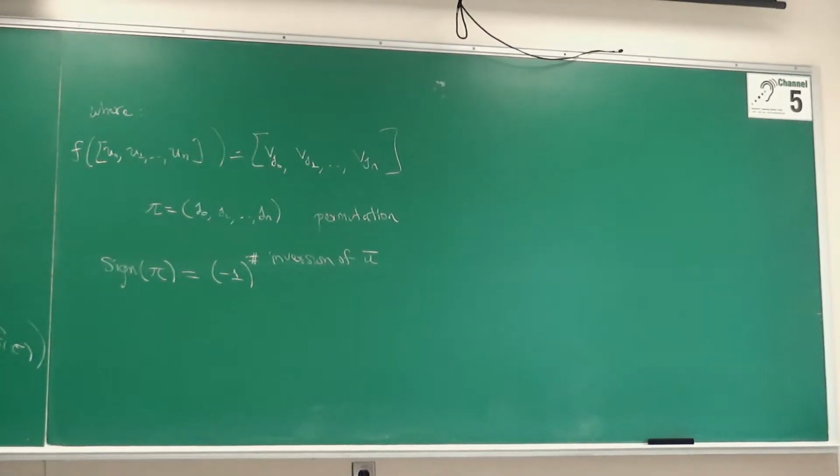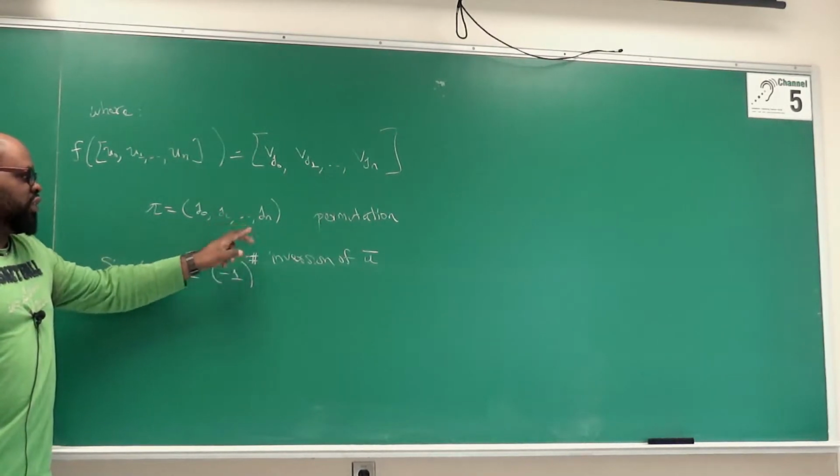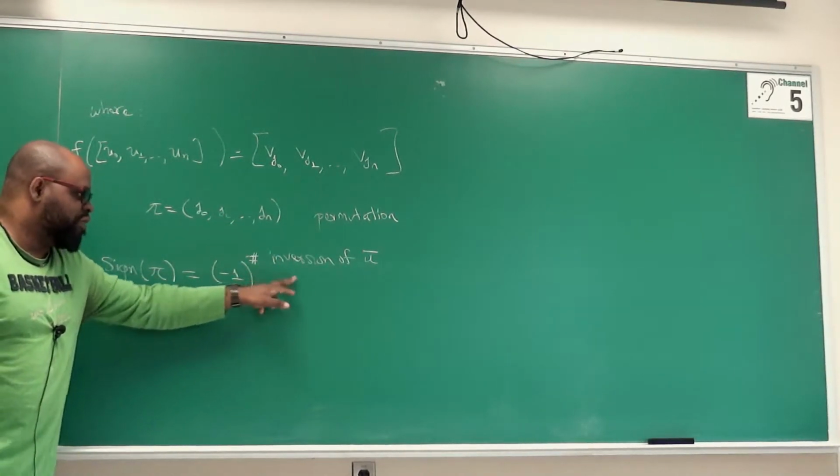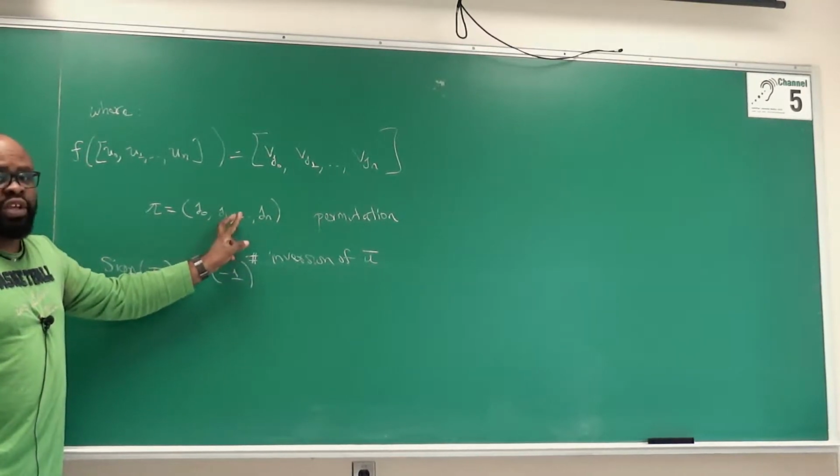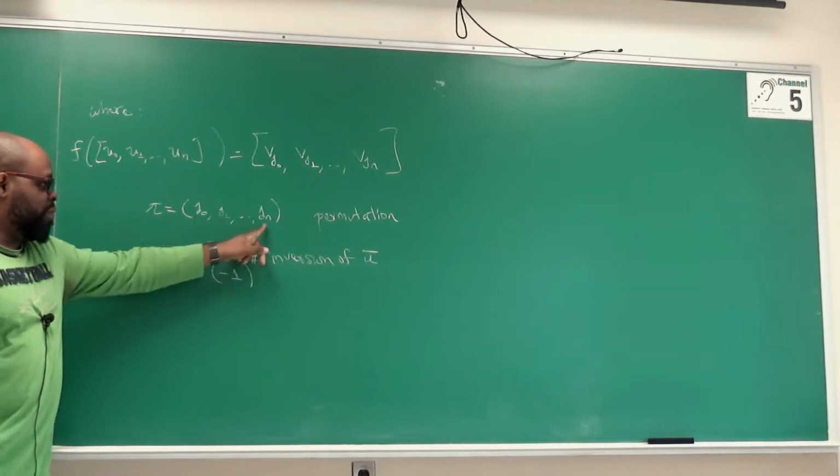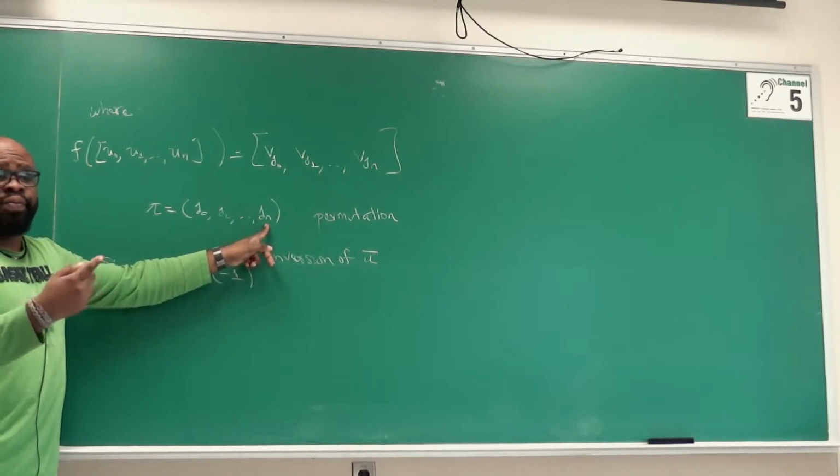We defined it sort of loosely as the number of inversions. The number of inversions of pi is sort of the number of flips that you need to do to put this permutation in increasing order.